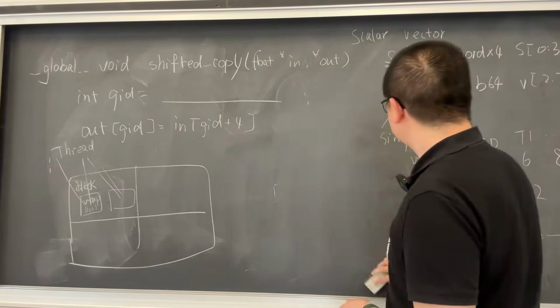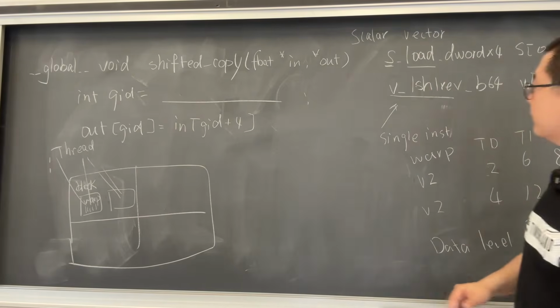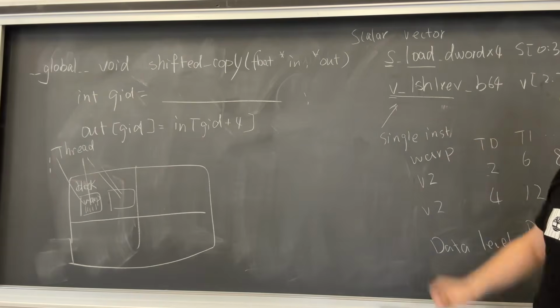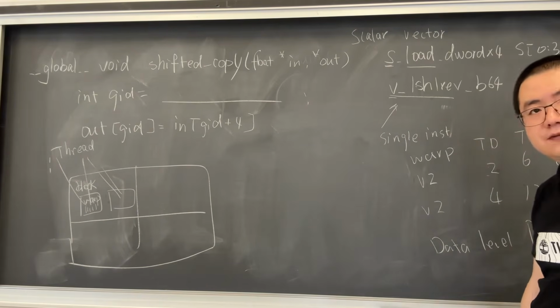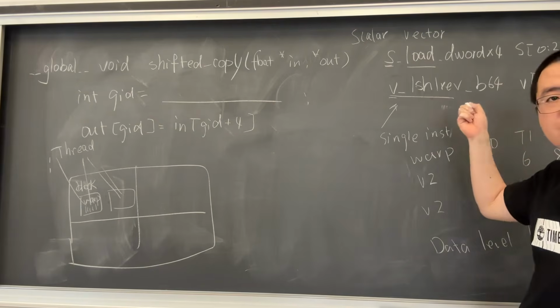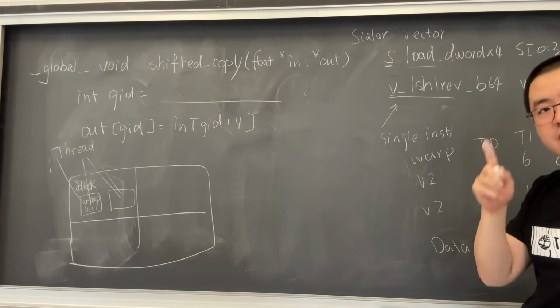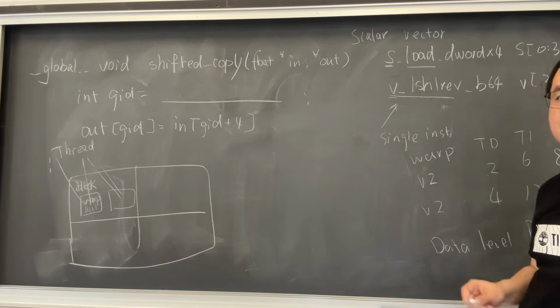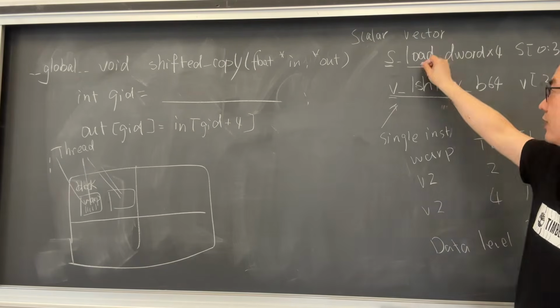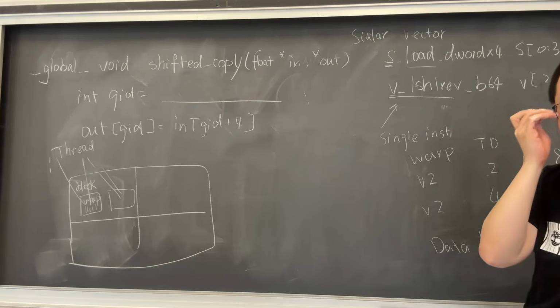Okay, so then what is a vector and scalar? Let me come back to this point. A vector is really a SIMD instruction. So we really are doing 32 or 64 operations within one instruction. But sometimes all the threads are doing the same operation. For example, load, in this case, we can load the same thing.